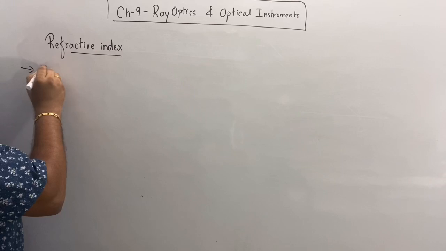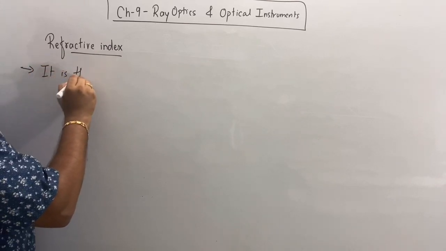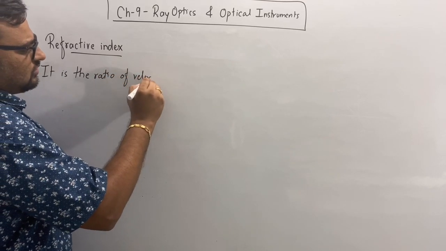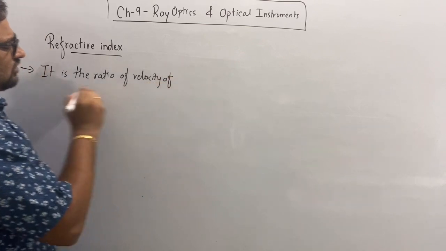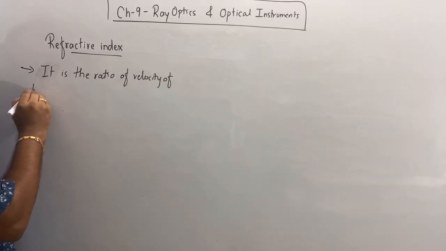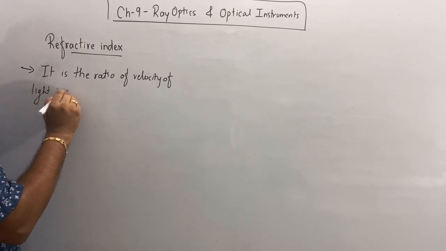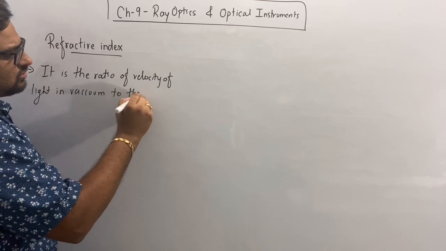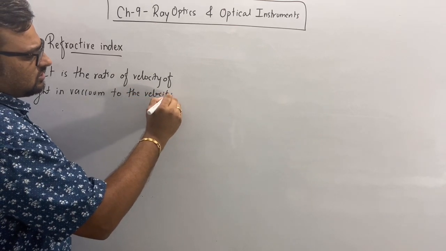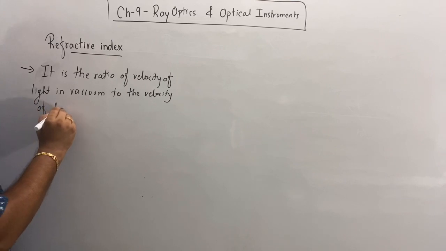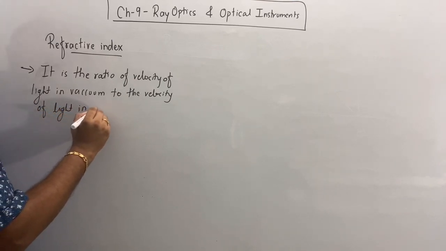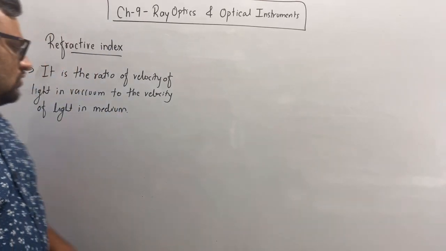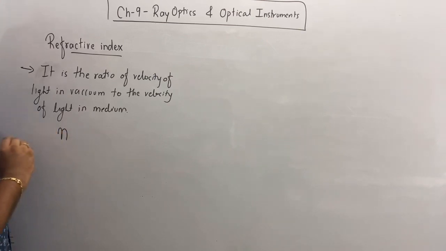It is the ratio of velocity of light in vacuum to the velocity of light in medium.